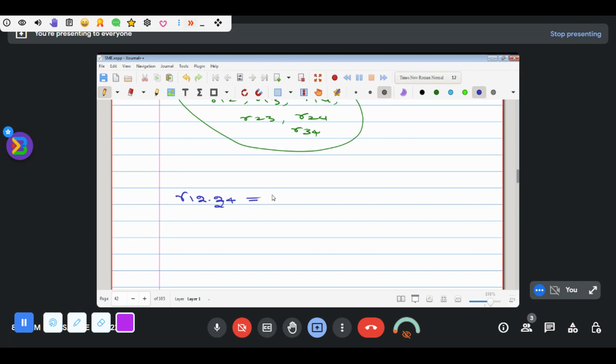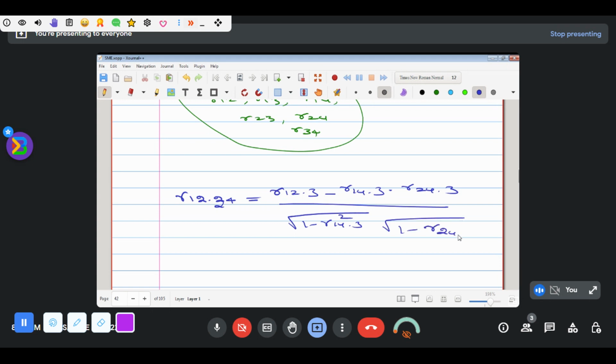So the formula is r12.34 equals r12.3 minus r14.3 into r24.3, divided by root of 1 minus r14.3 squared into root of 1 minus r24.3 squared.